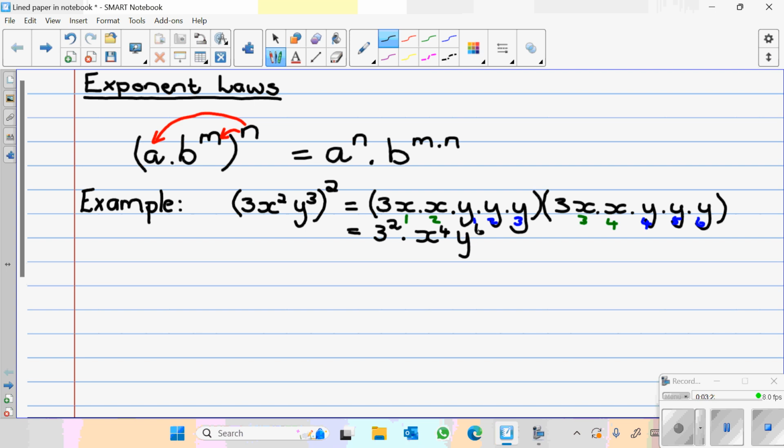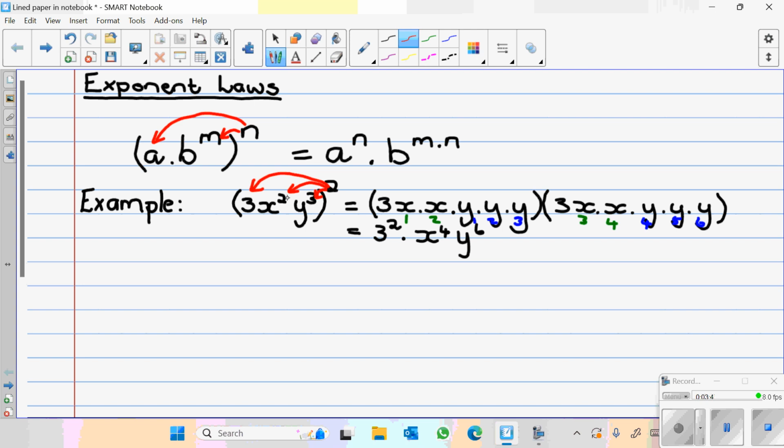So what I did is that the 2 went to everything. It went to the 3, but it also went to x squared and y to the power of 3. And the exponent that was already there was then multiplied with the 2.